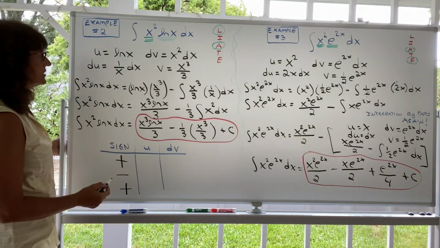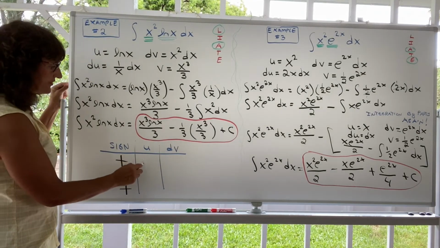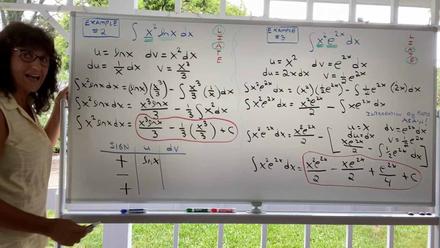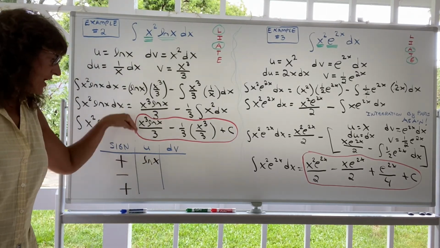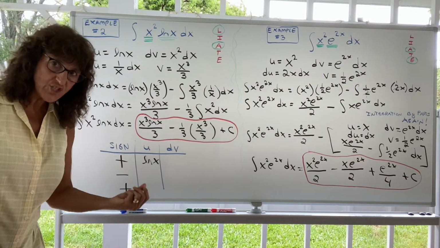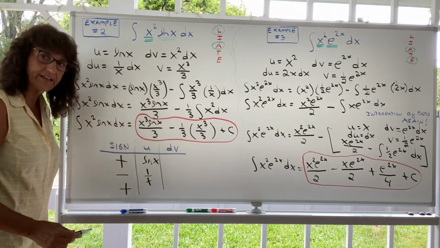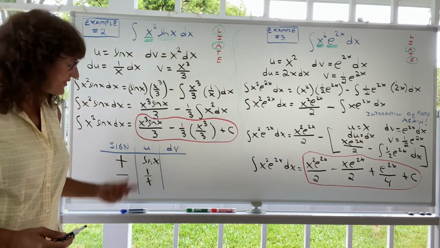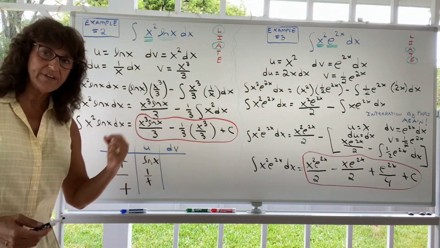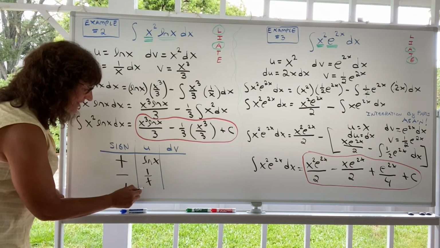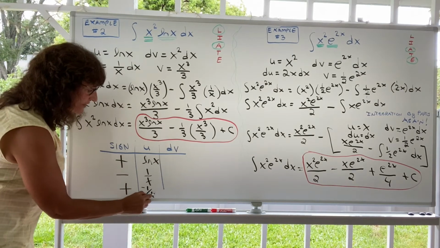Your U column, what did we let U equal for this problem? Natural log x. What you want to do with your U column as you go down is differentiate. The derivative of ln x is 1 over x. Then you want to differentiate again. The derivative of 1 over x is negative 1 over x squared.